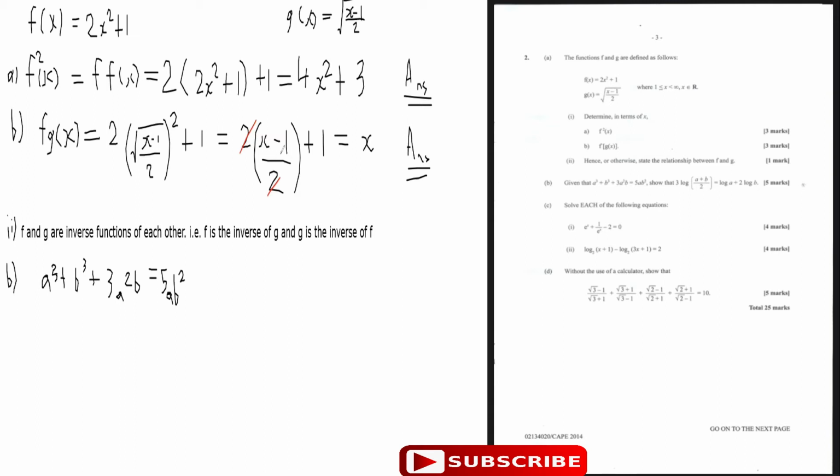Now, before we even look at this given part, I want you to first just analyze what they have. Let's write it down in red, because this is not a part of the question. This is just jottings. You have 3 log a plus b over 2, right?